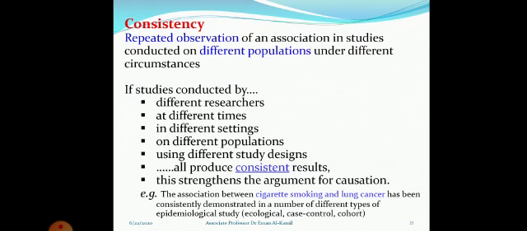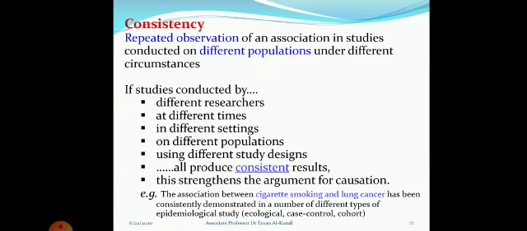Consistency is the repeated observation of an association in studies conducted on different populations under different circumstances. The same result appears when undertaking different studies in different populations and different places.